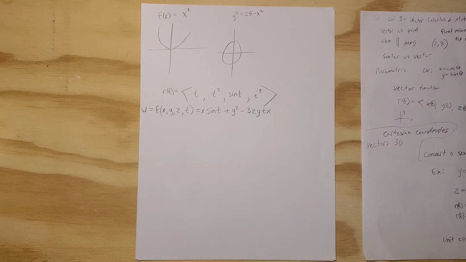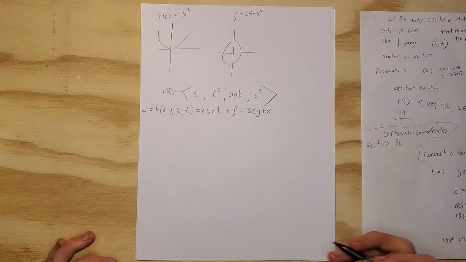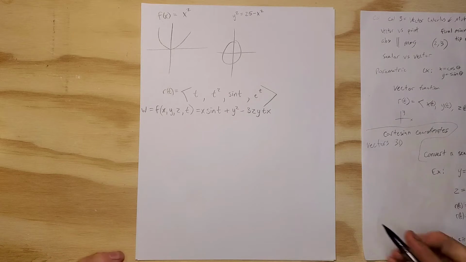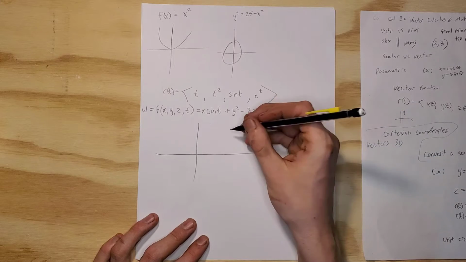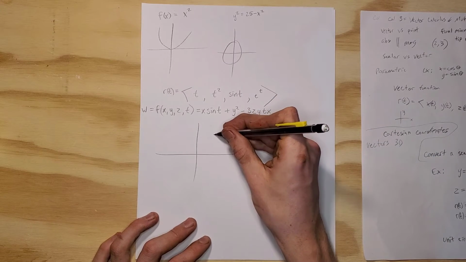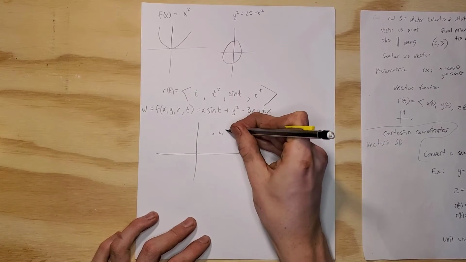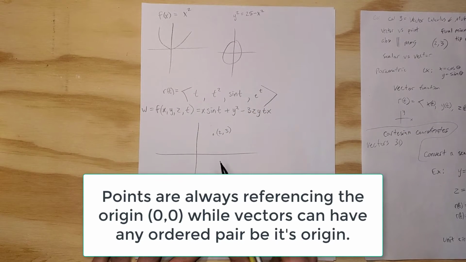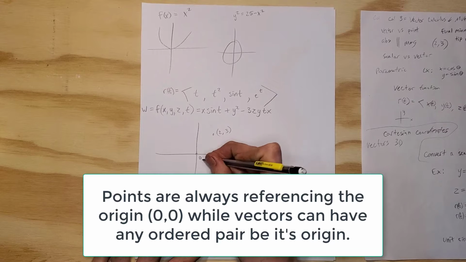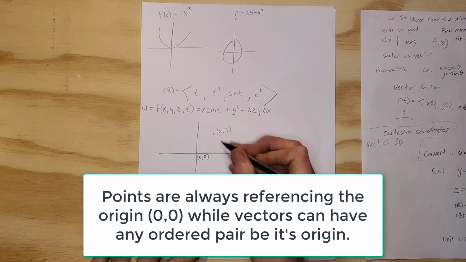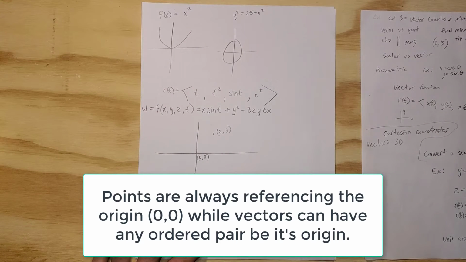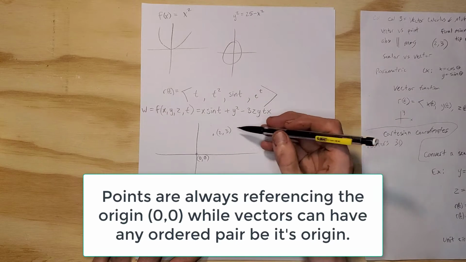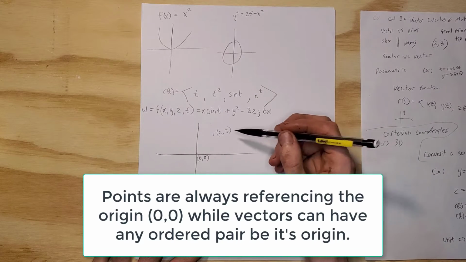A vector is fundamental in calculus 3. A vector is similar to a point, but also different. If you were to graph a point on a plane, such as 2, 3, the point describes the location in space from the origin, 0, 0, where 2 indicates positive to the right by 2, and 3 indicates up by 3.